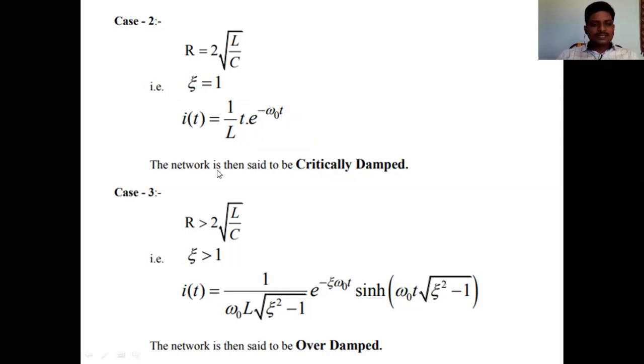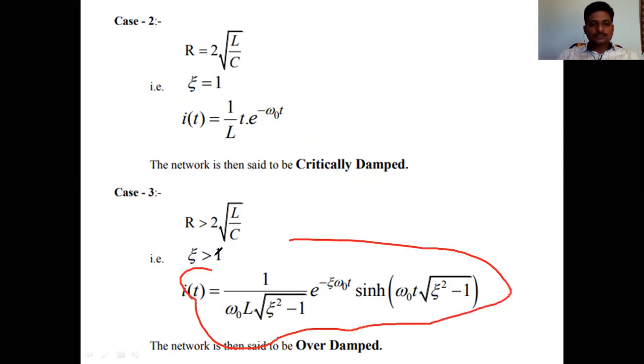Next, in case 3, if r is greater than 2 root L by c, which means zeta greater than 1, we call it an overdamped function. And the solution of the overdamped function you can see on the screen. I of t is equal to 1 by omega naught L into zeta square minus 1 under root into e power minus zeta omega naught t sinh of omega naught t root of zeta square minus 1.